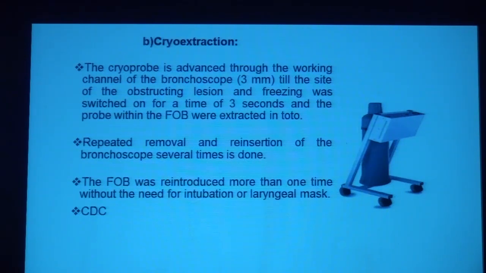Number 1, to stick the tumor to the tip of the probe and remove the bronchoscope together with the extracted tumor. Or leave the extracted tumor in the healthy lobe, what's called catch the tumor, let it drop inside a healthy bronchus, and the patient later on coughs it out, what's called CDC.